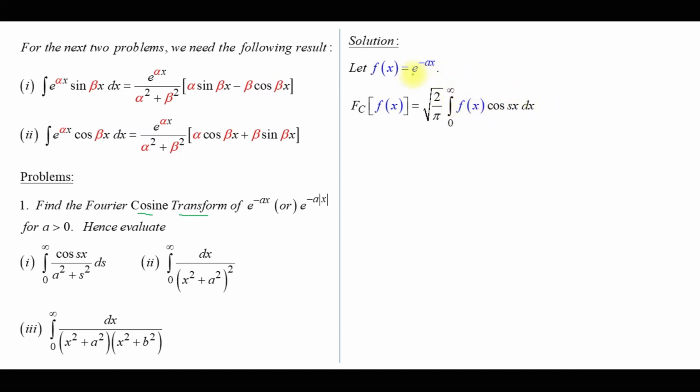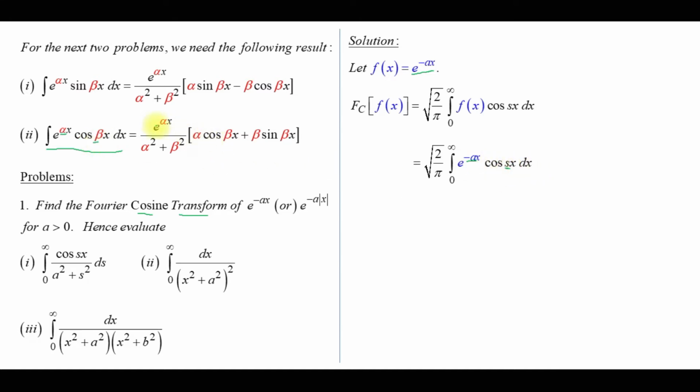Here, what is f(x)? e^(−ax). So square root of 2 by pi, integral from 0 to infinity of e^(−ax) cos sx dx. This is similar to the second formula, e^(αx) cos βx dx. So here α equals −a and β equals s.